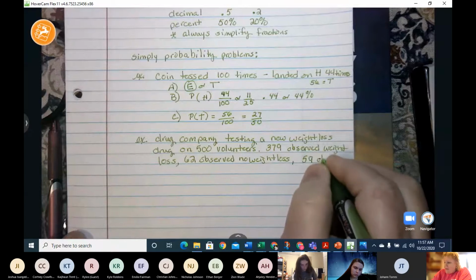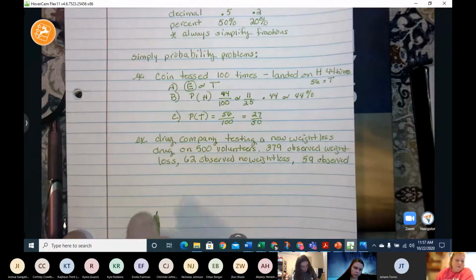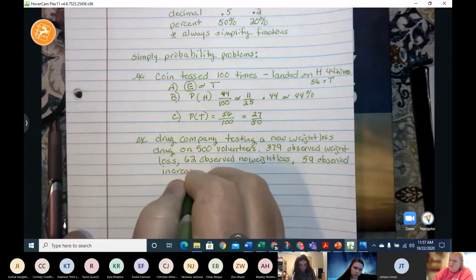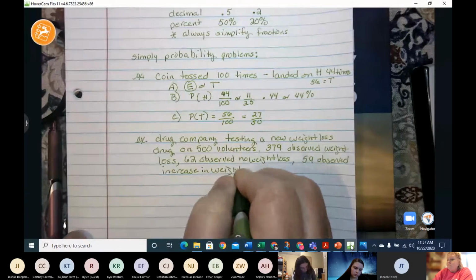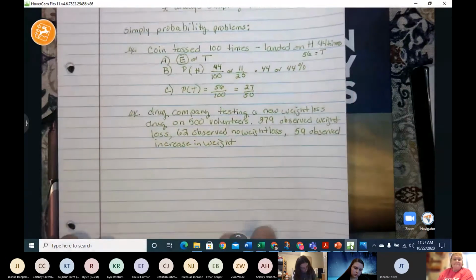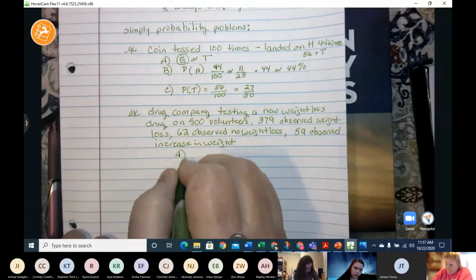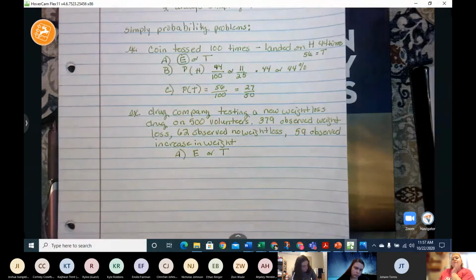And 59 observed an increase in weight. Is this empirical or theoretical probability?